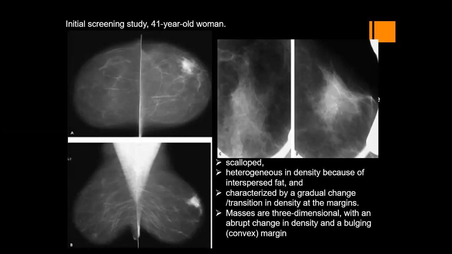And malignant causes, these are the benign causes. Malignant, it could be carcinoma. Which type of carcinoma? Could be invasive ductal? Could it be invasive lobular?